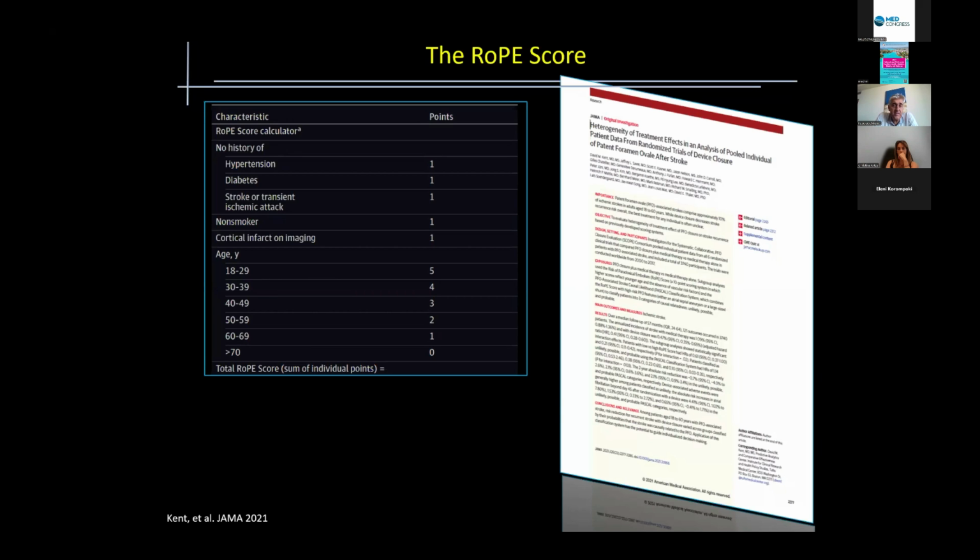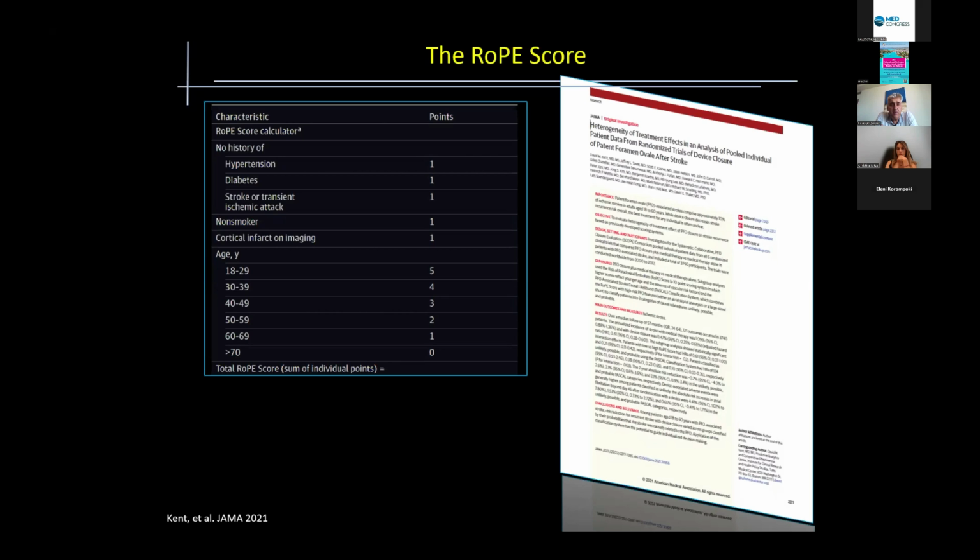What's the idea behind the ROPE score in patients with a PFO? If you have a young person, for example a 50-year-old lady who has a stroke with no other apparent cause and she has a PFO, and this patient has no other comorbidities which could cause stroke, like arterial hypertension or diabetes, then you don't have any other cause. This seems to be caused by the PFO.